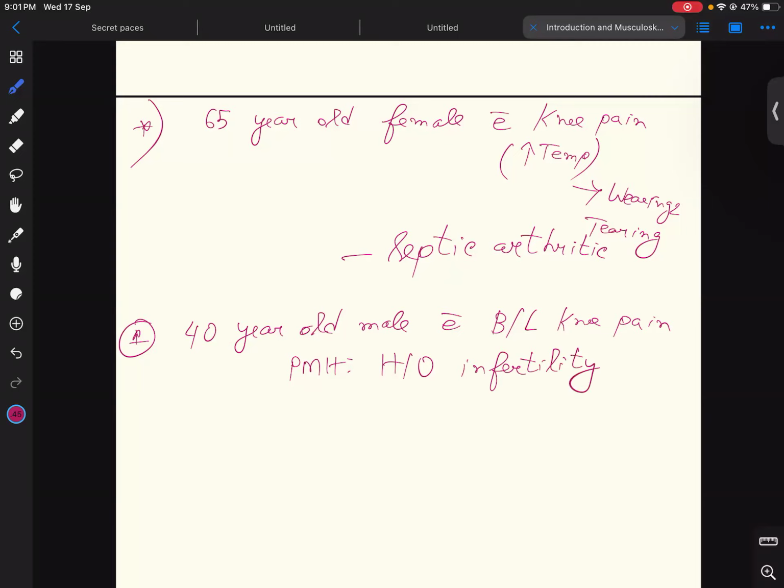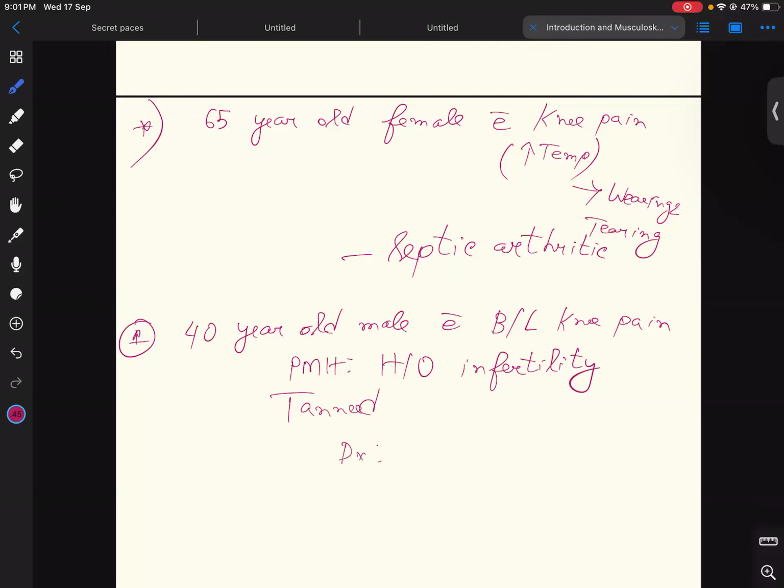And the pain is mechanical in nature. With a history of infertility, can anyone tell me what is the cause of knee pain in this patient? Wonderful, Dr. Neha. What is the cause? So hemochromatosis. Yes, hemochromatosis.